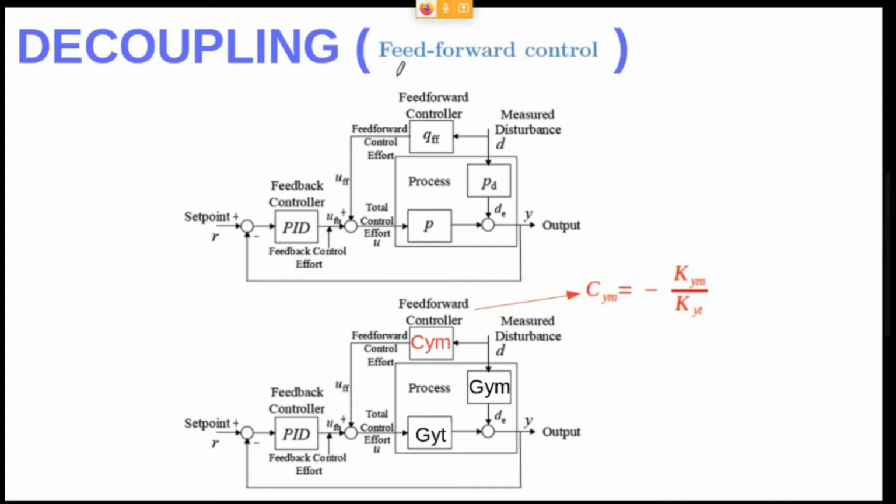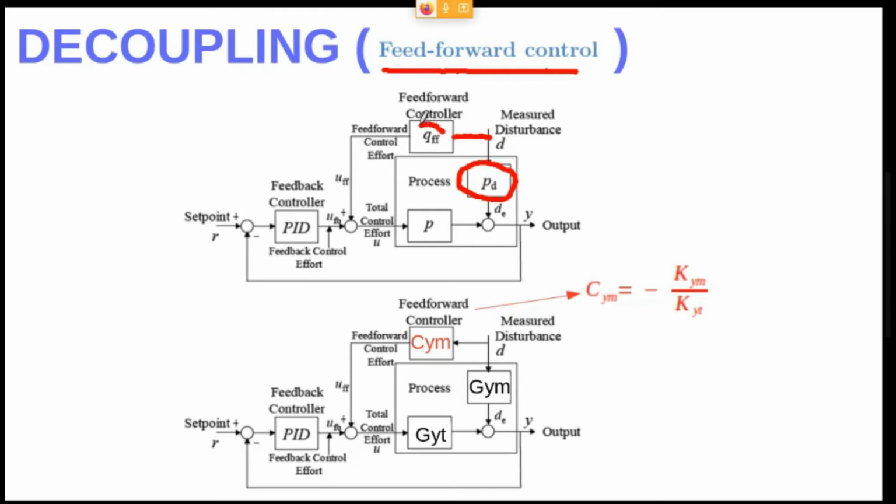The decoupling is based on feed-forward control. Remember, feed-forward control consists of the following. We have a disturbance at the output of our control system, and we can measure this disturbance, and we also know how this disturbance affects our system.